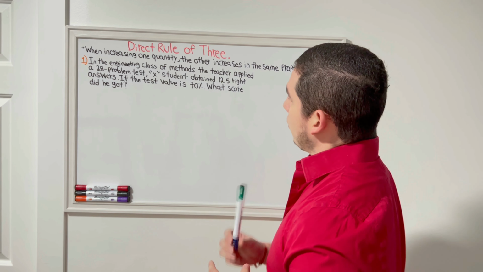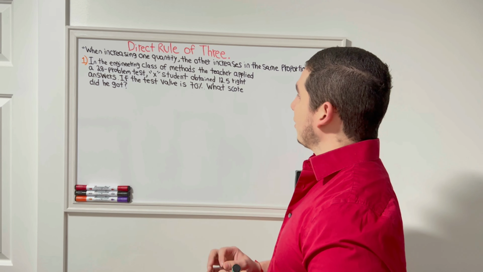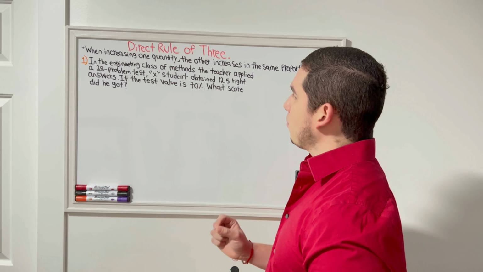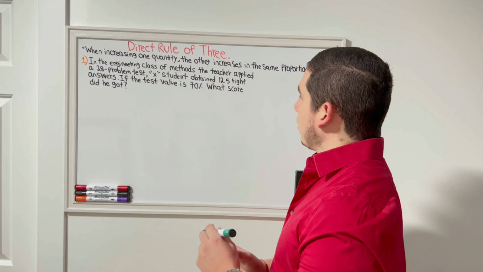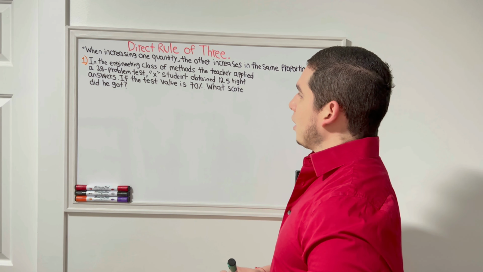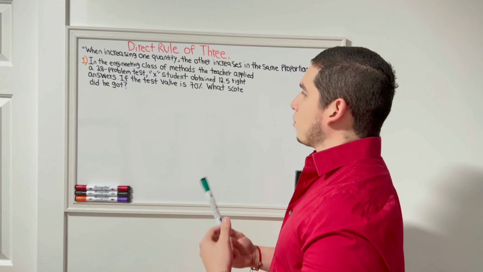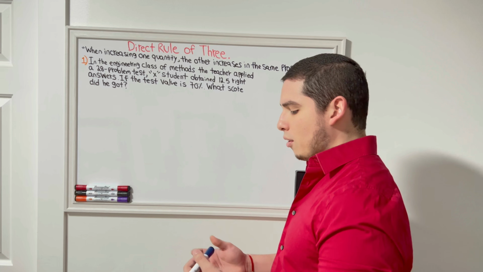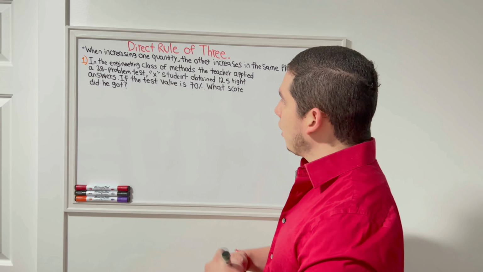Okay, so the problem says, in the engineering class of methods, the teacher applied a 28 problem test. A student obtained 12.5 right answers. If the test value is 70%, what score did he get? Okay, so first we have to identify which are our variables.